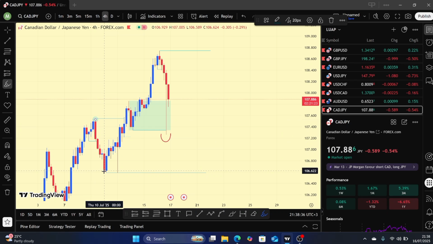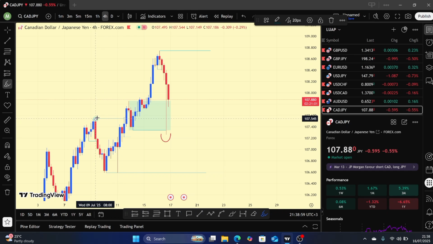It doesn't matter how much further price goes taking this sell side liquidity, as long as it has taken out the first, this one here is already confirmed as a swing point, and now we'll be waiting for price to reverse and break past the swing point to confirm that bullish breakout structure.